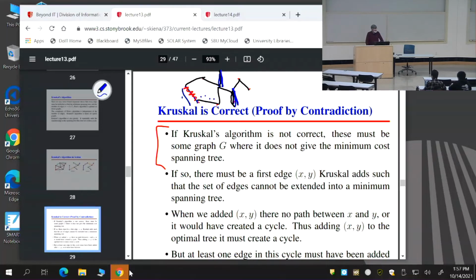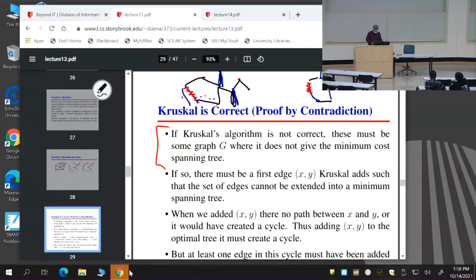Remember what's happening. I'm adding edges, ka-chunk, ka-chunk, ka-chunk, and you tell me that's where I went bad. Well, I'm going to put that one in, and now say, show me the other edges you added. That plus my red edge is going to create a cycle.